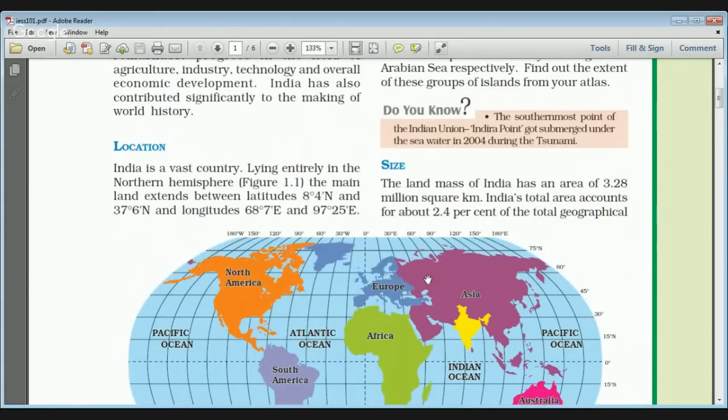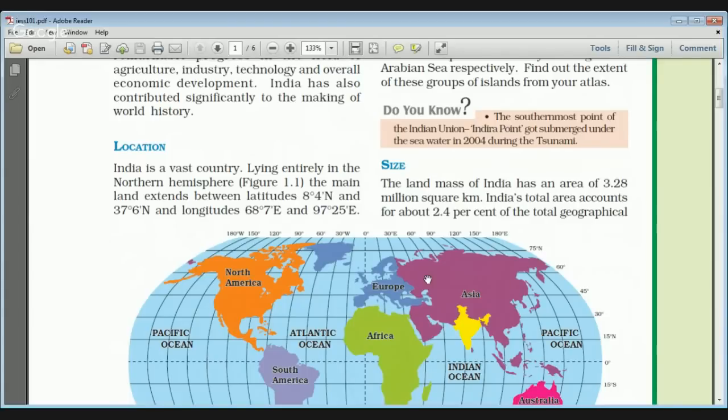So it's approximately 30 degree extension of latitude, and the exact longitudes lie between 68 degree 7 minutes east up to 97 degree 25 minute east.